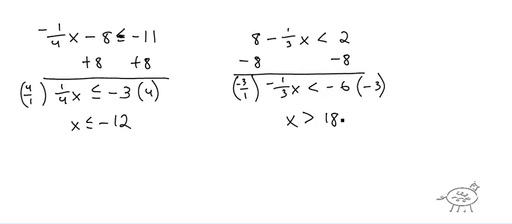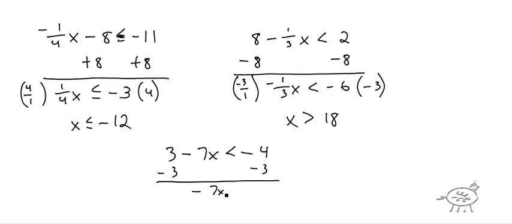And we'll do just one with just a division here too. 3 minus 7x is less than -4. Subtract 3. -7x is less than -7.